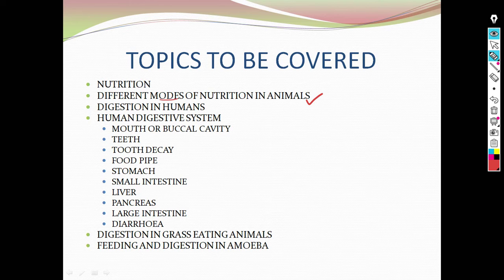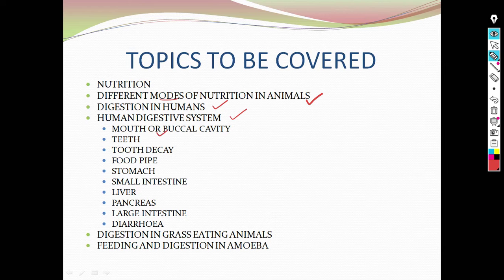Then we will talk about the nutrition or digestion in humans, the human digestive system, how this digestive system works, and what are the parts through which digestion takes place.